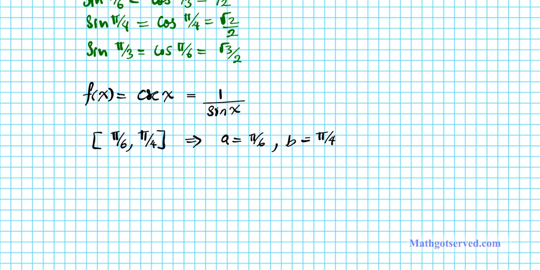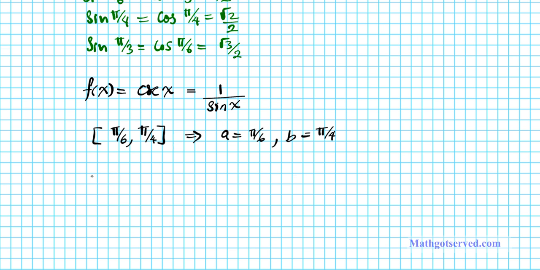Now let's compute the average rate of change on the interval pi over 6 to pi over 4.